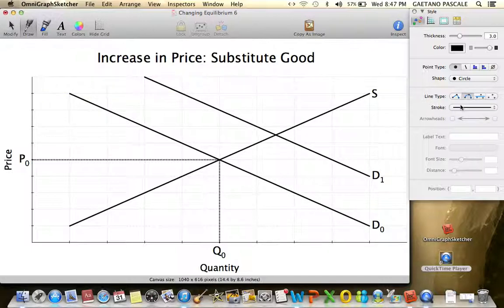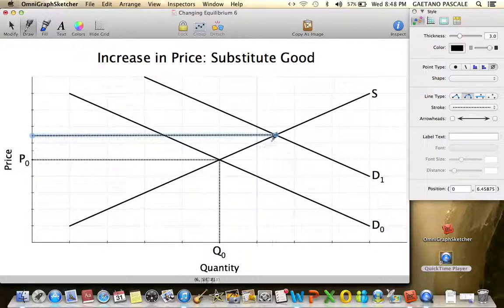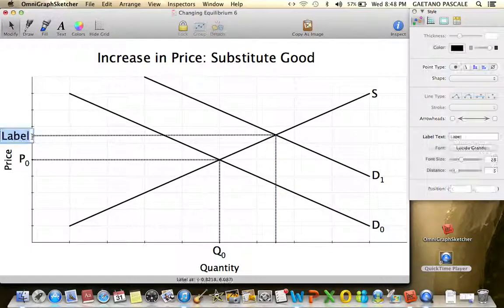Let us draw in where the new equilibrium is. The new equilibrium occurs where the new demand curve intersects our original supply curve. If we go to the point where they intersect and go straight across, and also go straight down, that gives us our equilibrium quantity. So this is P1, our new price, and this is our new quantity.